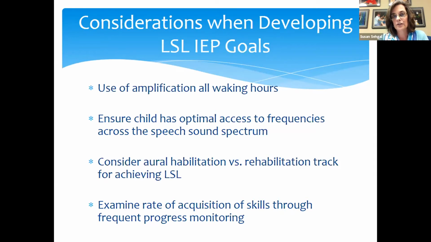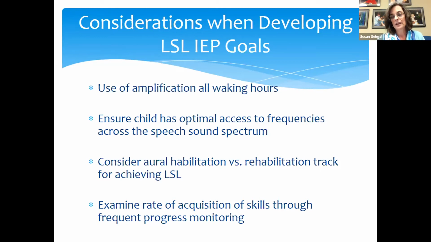Another important consideration for deaf and hard of hearing children who are pursuing listening and spoken language is that the child has optimal access to frequencies across the speech sound spectrum. In other words, Amy Robbins has reported that deaf and hard of hearing children need to have sufficient, not necessarily perfect, but sufficient access to the vowels, consonants, and suprasegmental patterns that make up language.